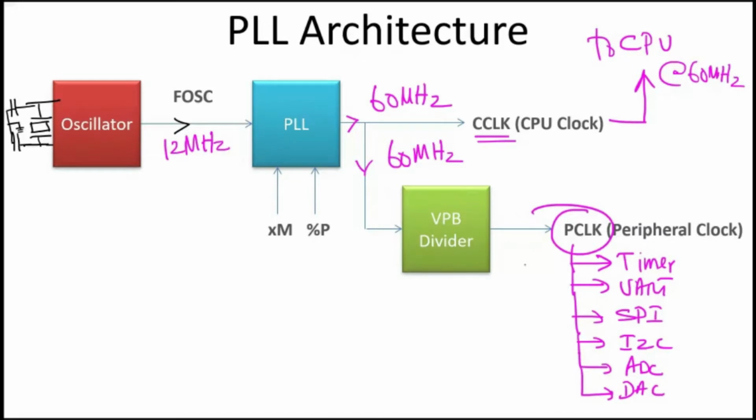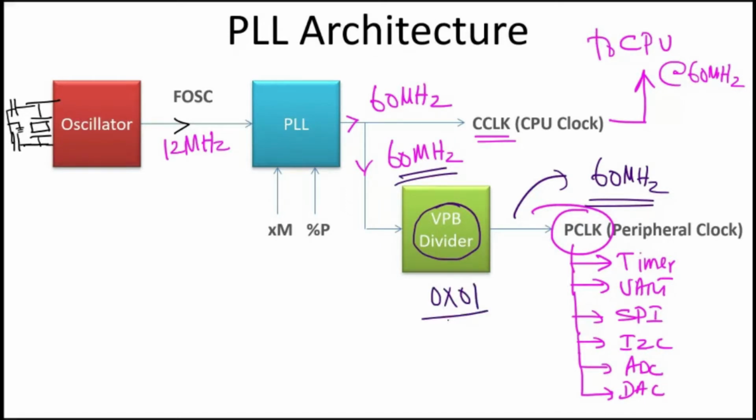So you have a choice here whether to use the same 60 MHz for the peripheral clock or to scale down the clock by a suitable factor. In our case, we are maintaining the same 60 MHz for the peripheral clock as well. That means we are putting a suitable value for the VPB divider, which is hexadecimal 01.